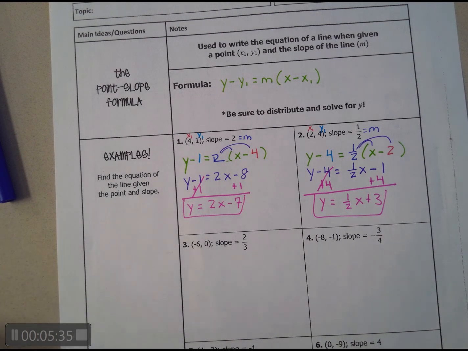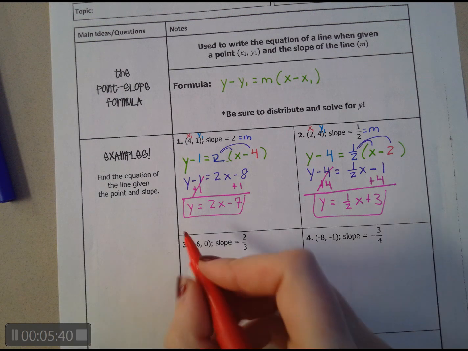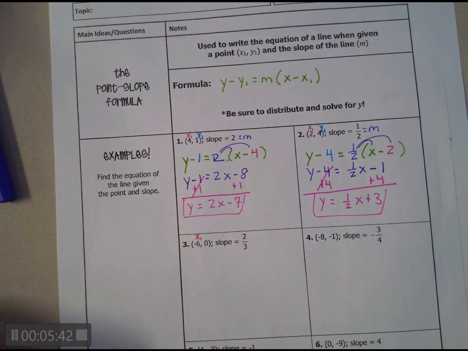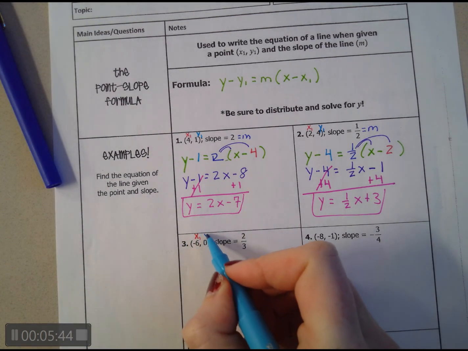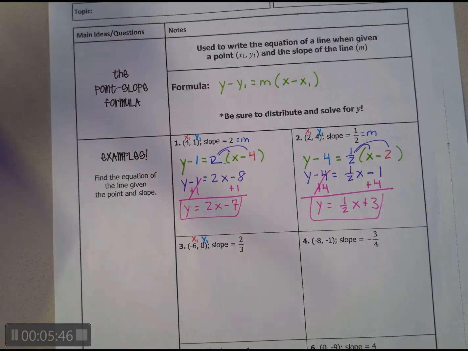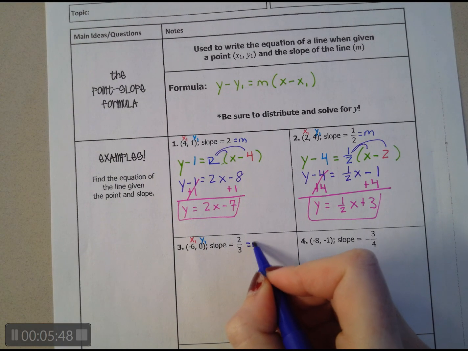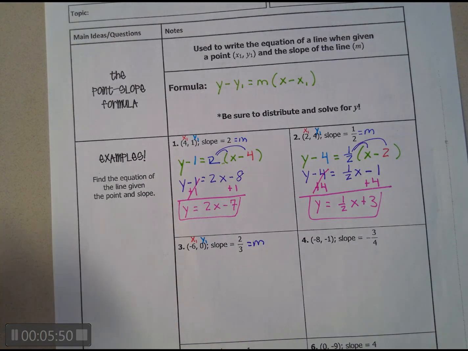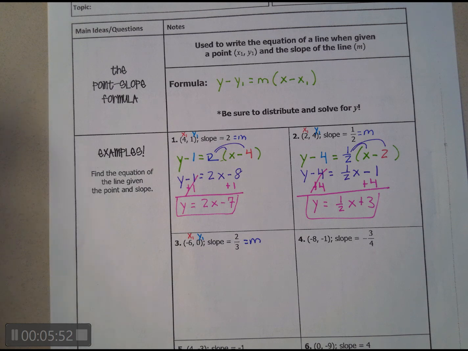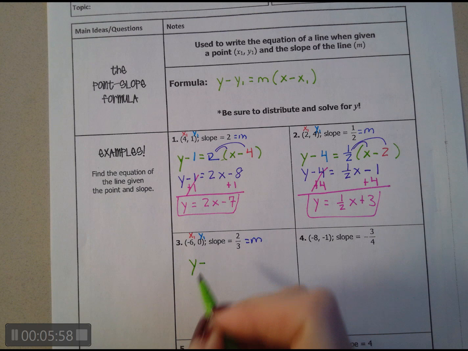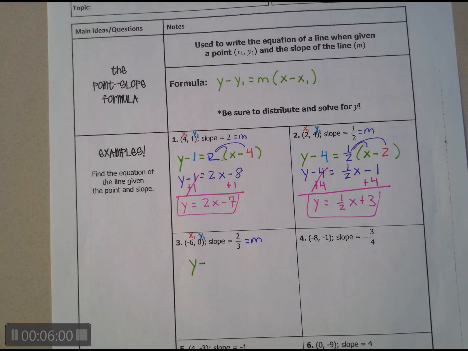Okay. Let's try number 3. So I have my x1 and my y1 and my slope, which is my m, is 2/3. Okay, so just going to rewrite it. We have y minus, well, what's my y1?